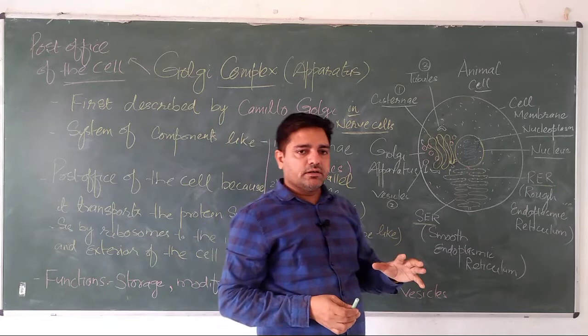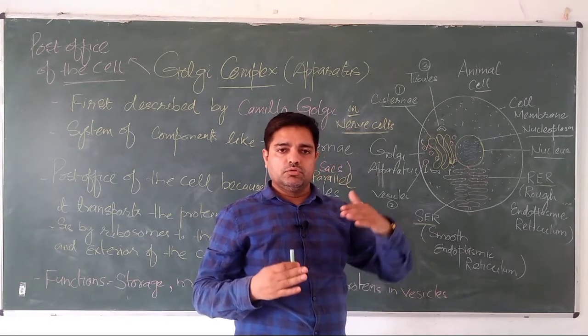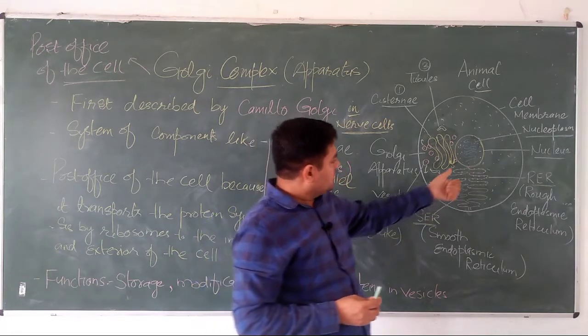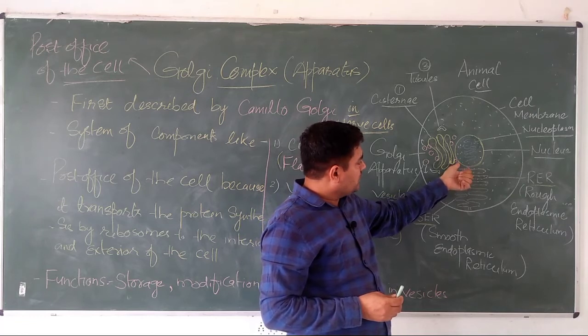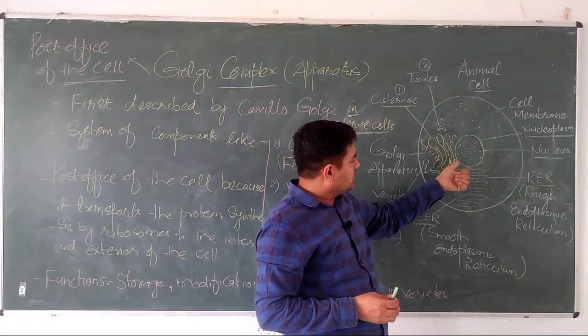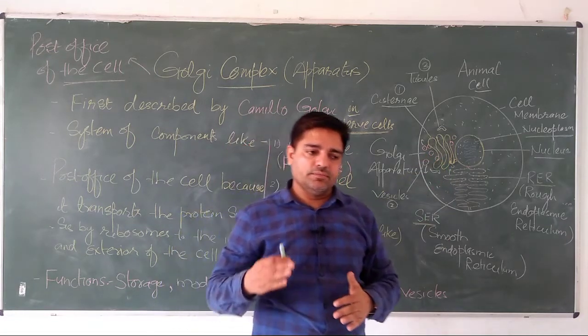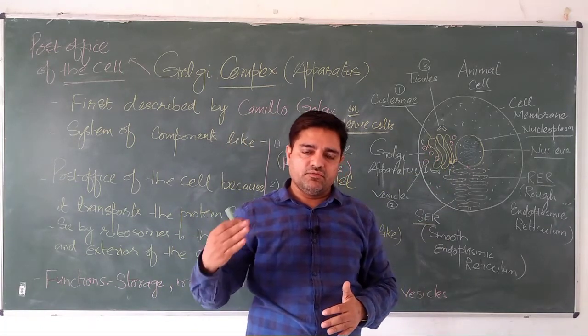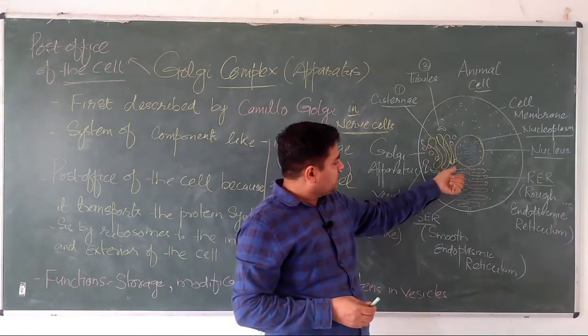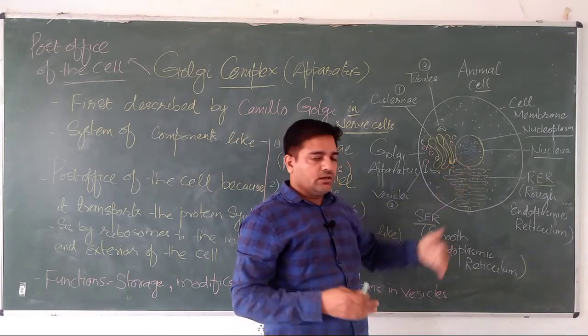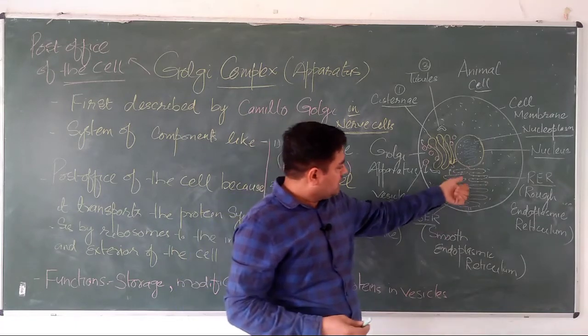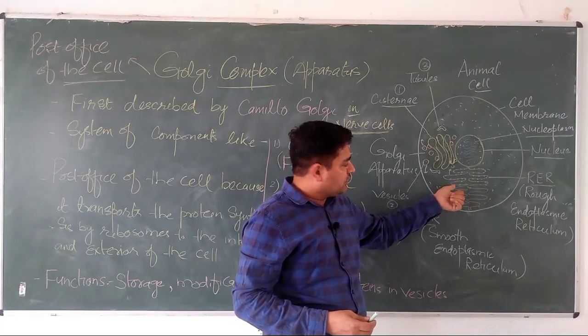Actually, Golgi apparatus has two phases. One is the forming phase, and second is the maturing phase. Forming phase is the phase that receives the vesicle from the endoplasmic reticulum.